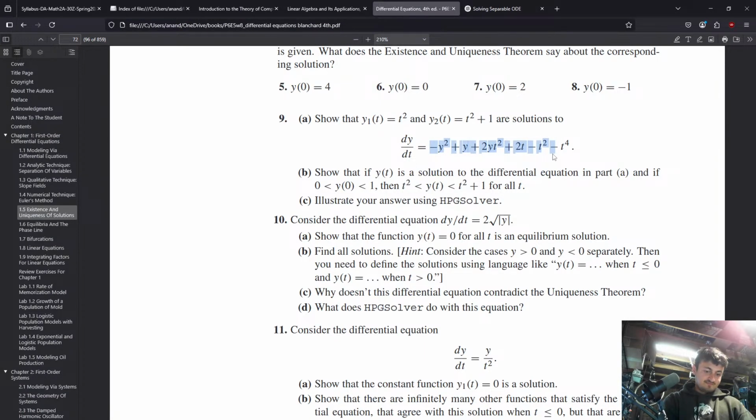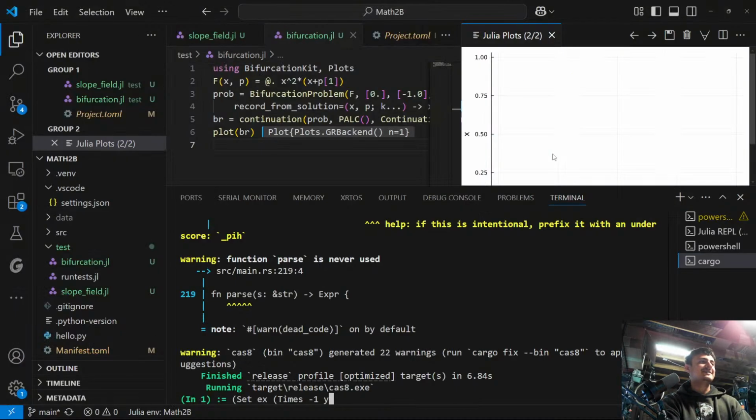So it's minus y squared plus y plus 2y t squared plus 2t minus t squared minus t to the fourth. All right, let's just see if we can write this out. I don't think this is going to simplify out. Actually, I think I can just do this.